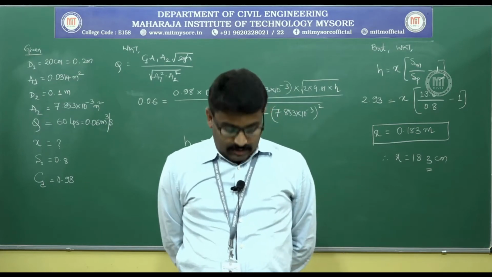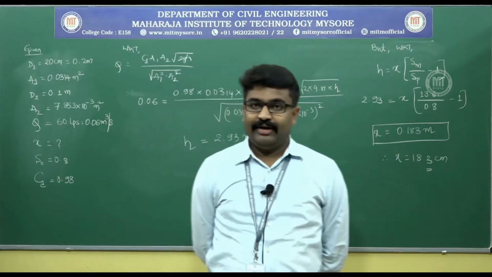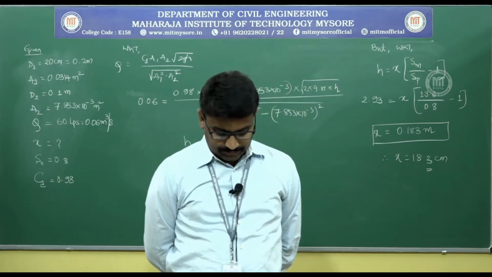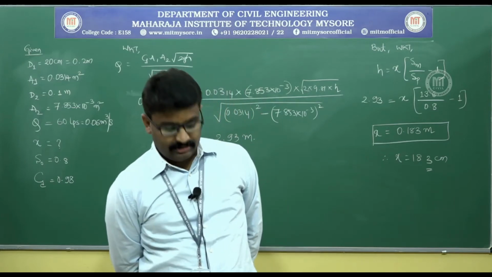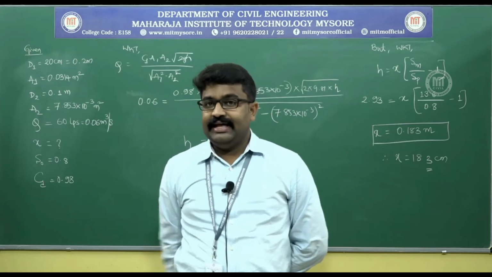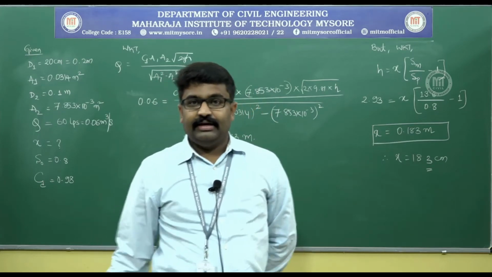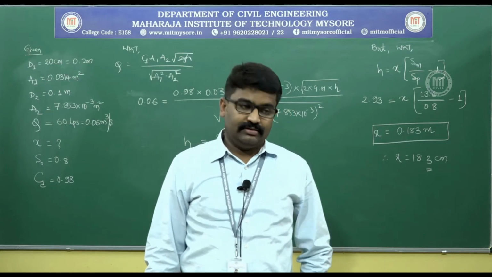Find the discharge of water through the venturimeter, taking CD as 0.98.